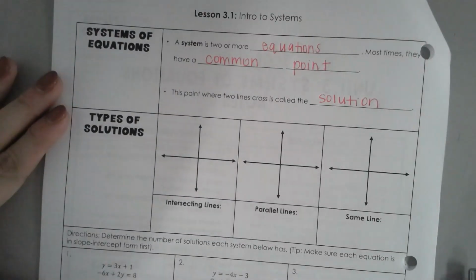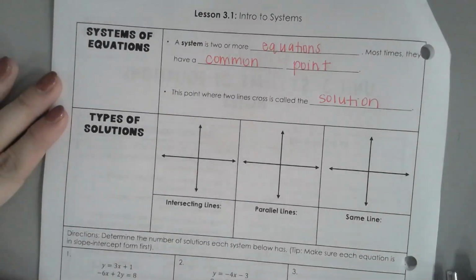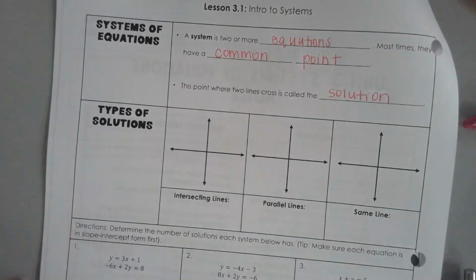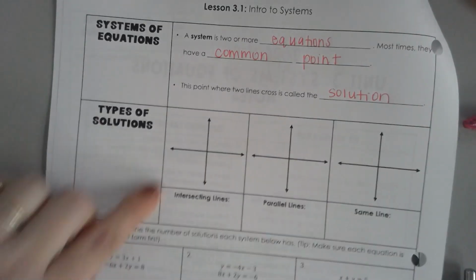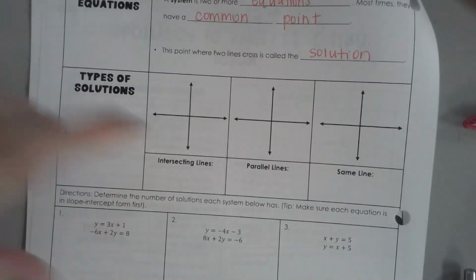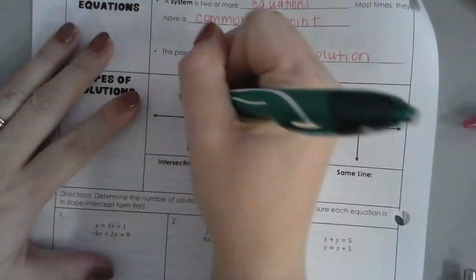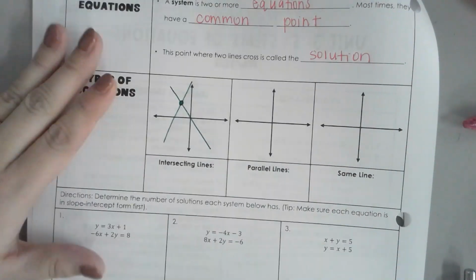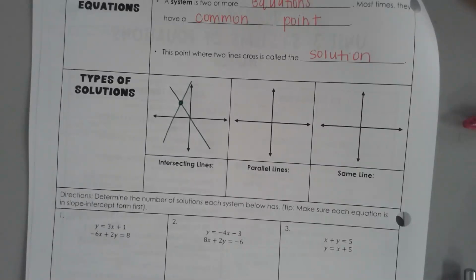So we'll talk about 3 basic scenarios. Generally, the case is that we have just 2 intersecting lines. Seems simple, seems obvious. 2 intersecting lines, how many times do they cross? 1.